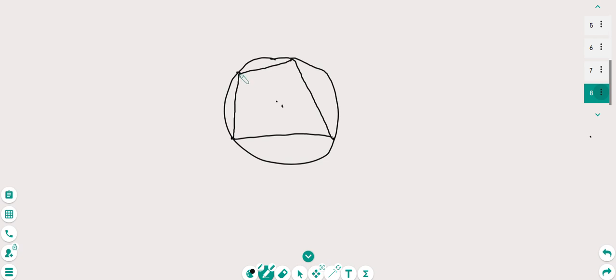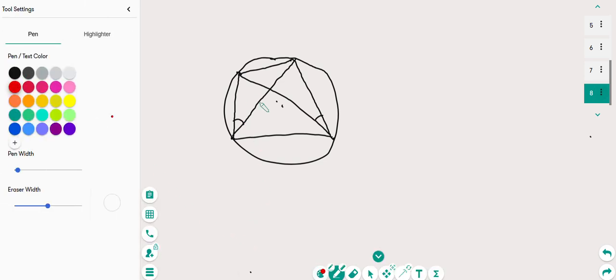But the property which interests us is the fact that these angles, which are defined by the diagonals with the opposite sides, this one with this one in red, this one with this one in pink, this one with this one in purple, are equal.